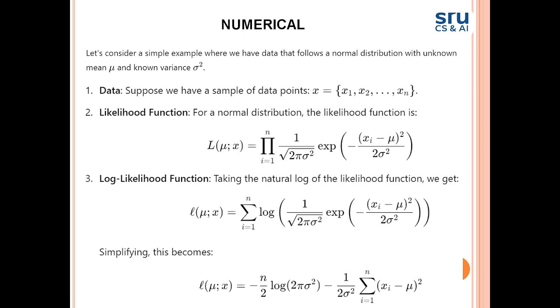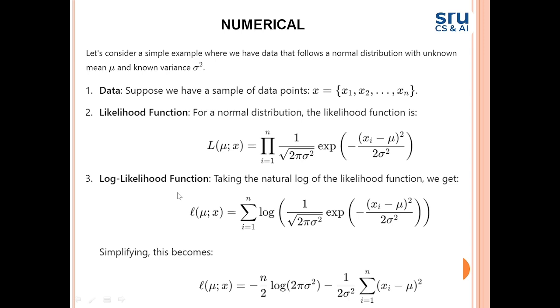Next, a numerical on maximum likelihood estimation. Let us consider a simple example where we have data that follows a normal distribution with unknown mean, given by mu, and known variance, sigma square. Here data is given by x. The likelihood function is given by this equation for the normal distribution.